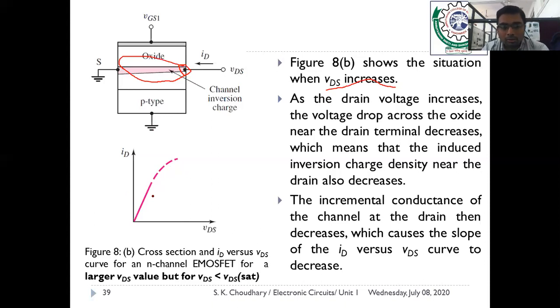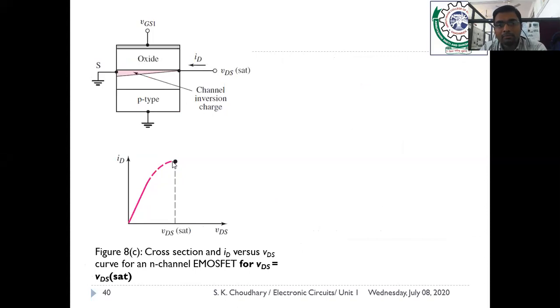In the graph you can also see that when your VDS has a very small value, your ID is linearly related to the VDS. But as the VDS increases, the slope starts to decrease. It starts bending. Okay, now we further increase the VDS and see what happens.